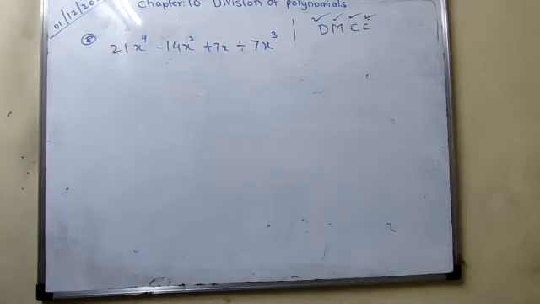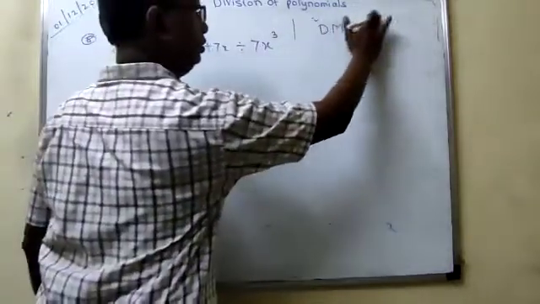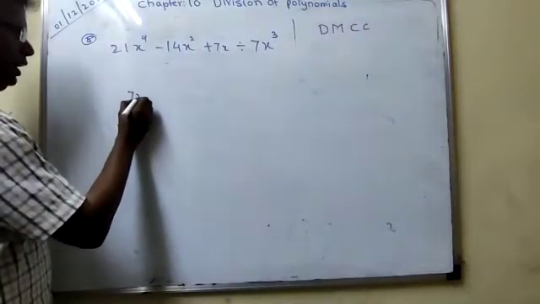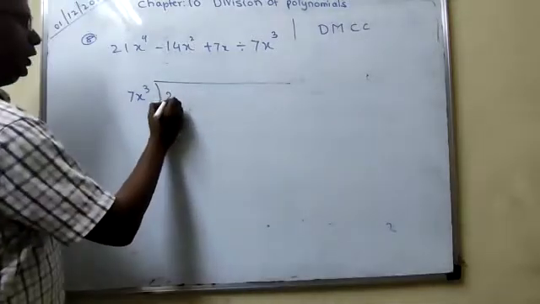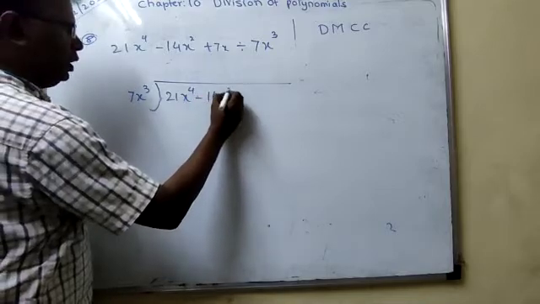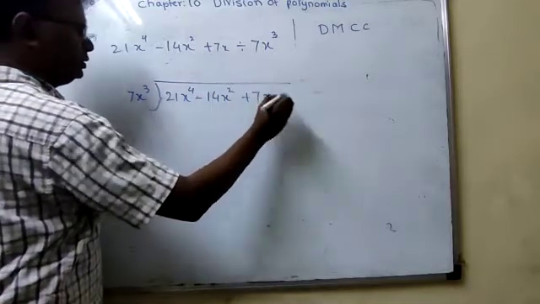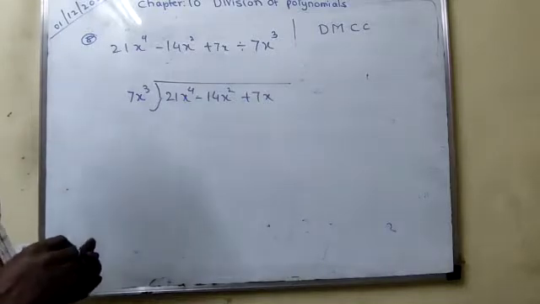This is your dividend and this is your divisor. So that is 7x cube divided by 21x raised to 4 minus 14x square plus 7x. Now students, you have to be very careful while doing this type of sum.